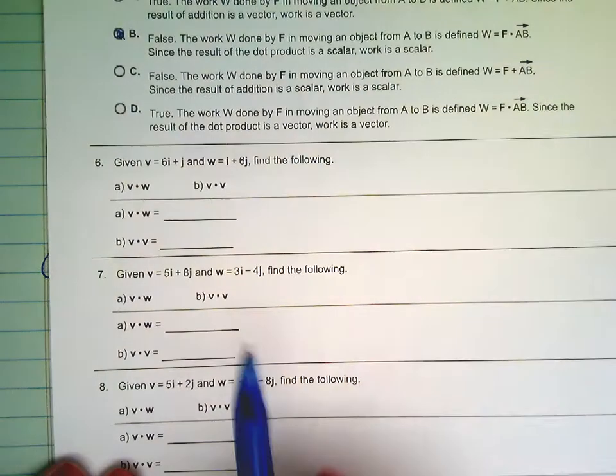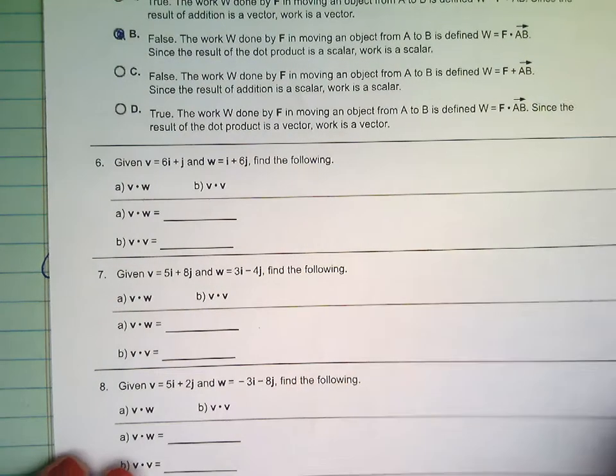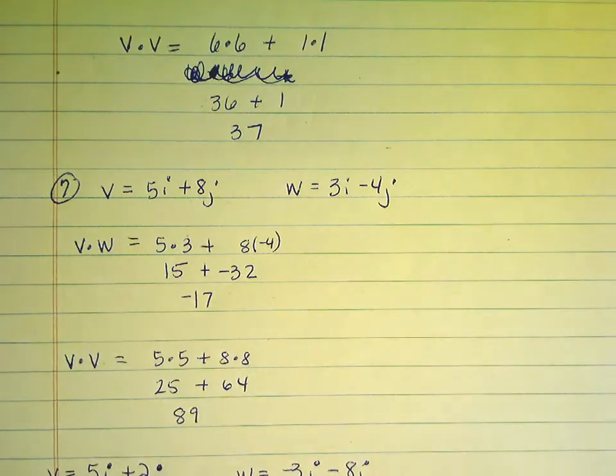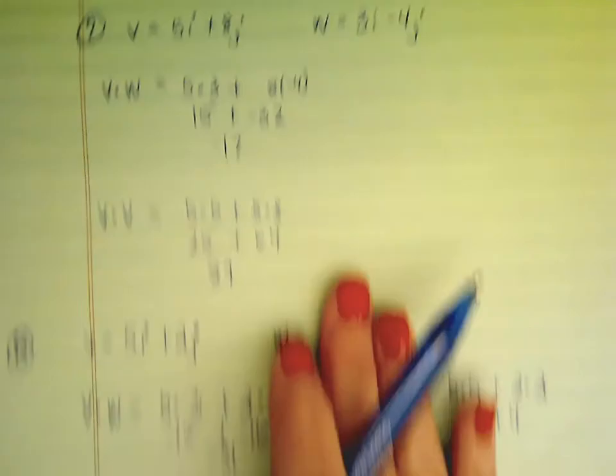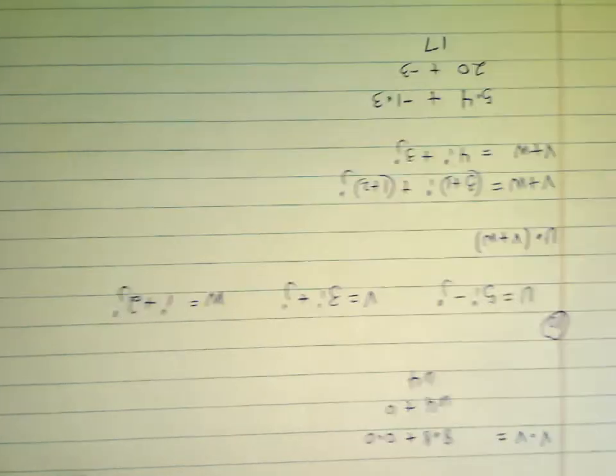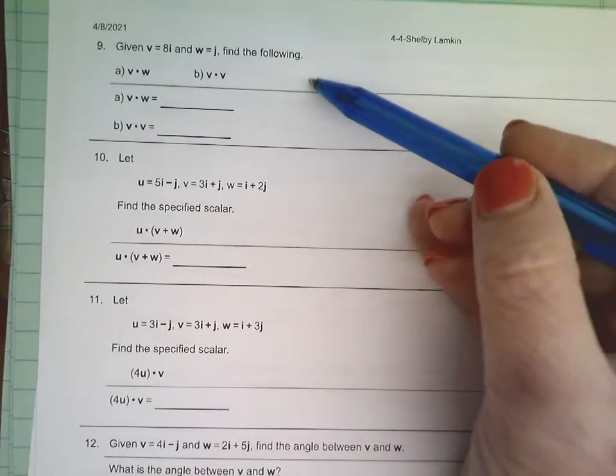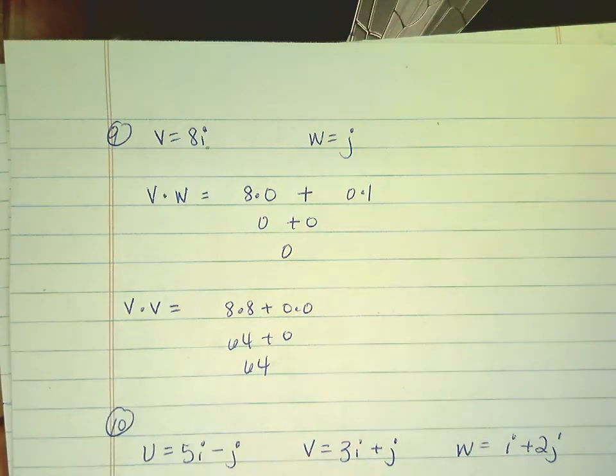Number 7, another dot product problem, as is number 8, and I've worked those out here. If you need to, you can pause the video if you want to write those down or look more closely. Problem 9 is another dot product problem, and I have it worked out right here.